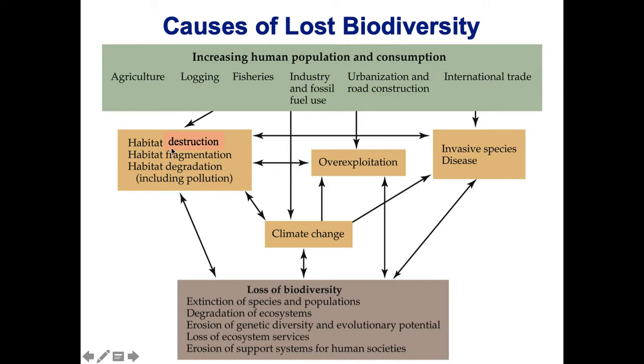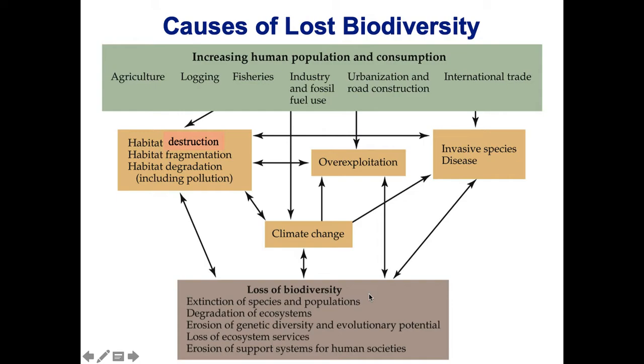You can see that some of these things lead to habitat destruction, fragmentation, and degradation. Some of these are more closely related to overexploitation. The international trade part we'll get into with invasive species and disease. And then the fossil fuel use, but also agriculture and lots of other industries relate to climate change. And all of these things lead to loss of biodiversity.